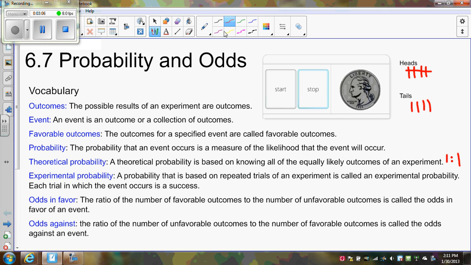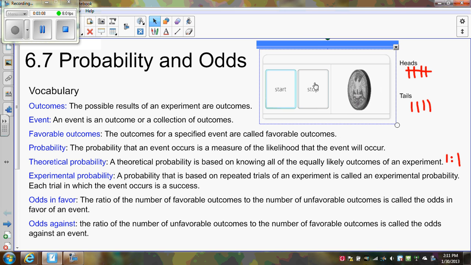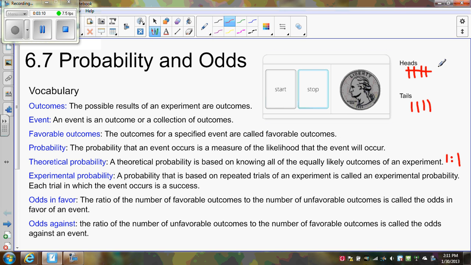Heads. Heads. So in this case, when we actually flipped it 10 times, our experimental probability says it's 6-4 heads to tails, which can be simplified to 3-2. So our experiment tells us it lands on heads more often. Now, the more times you flip the coin, the more accurate it's going to get. So you need to keep track of that, but we'll discuss that later.